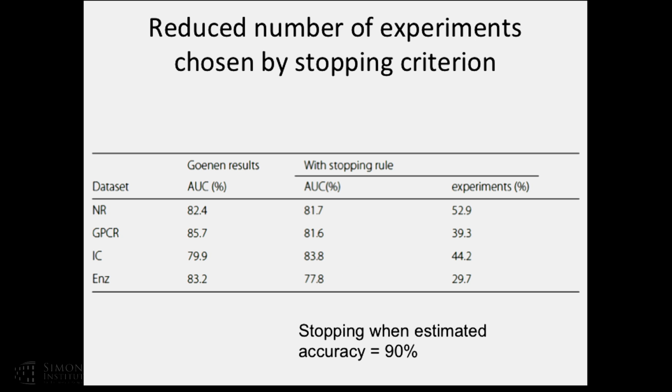And if we do the same thing we did before, now I've changed this column. This is not doing 80% training, 20% testing. This is deciding to stop after 50 or 30 or whatever percent of the experiments because I think I'm done. And I can get a comparable accuracy to having just done the 80% by stopping automatically with that rule.